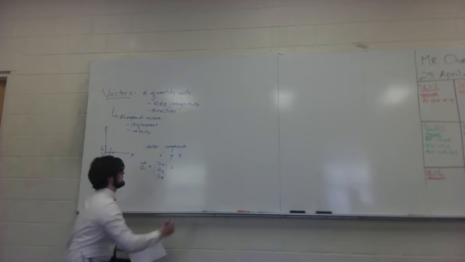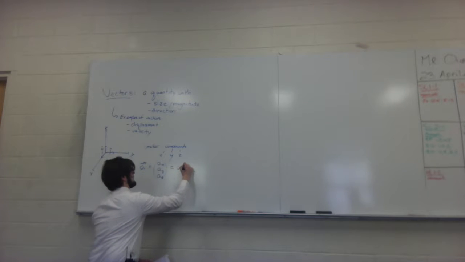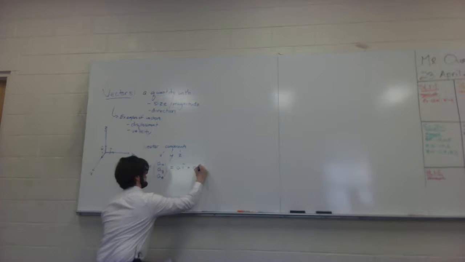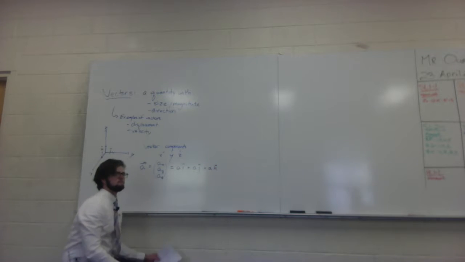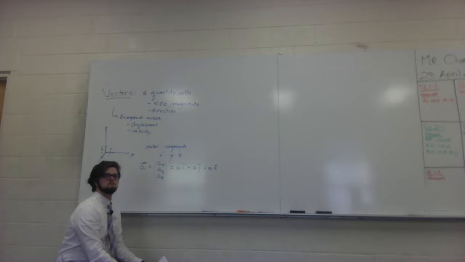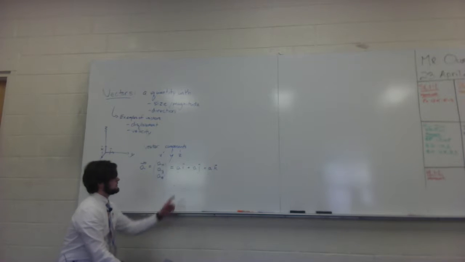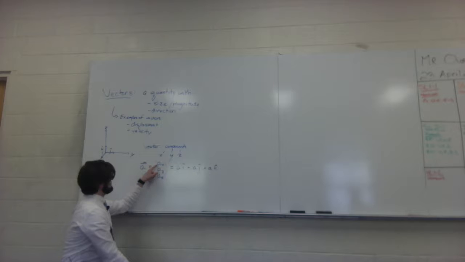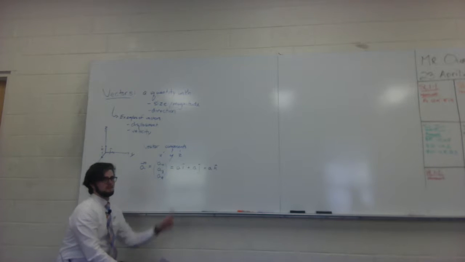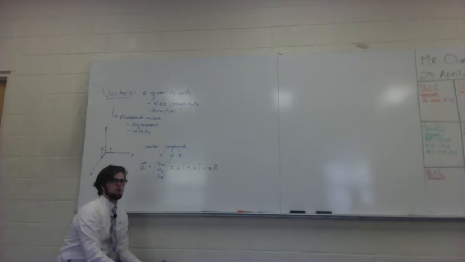A i plus A j plus... You're almost right. Nope, the hats are already over our vectors. So here we have ax, ay, and az, right? Because ax is the component of a in the x direction.